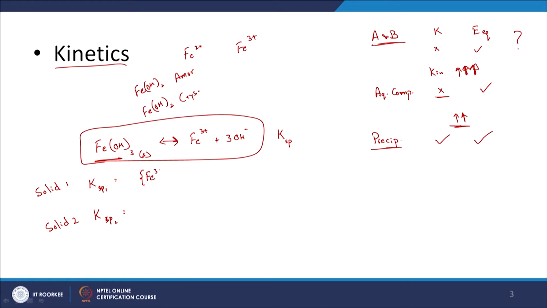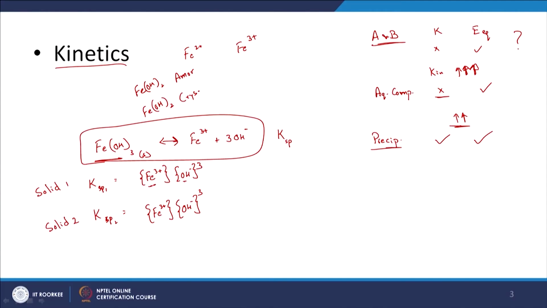The activity of Fe3+ times the activity of OH- cubed, divided by the activity of the solid, which, as you know, is 1. And again in the second case, Fe3+ and OH- cubed divided by the activity of the solid Fe(OH)3, but again as we know the activity of the pure solid is 1, the reference state.